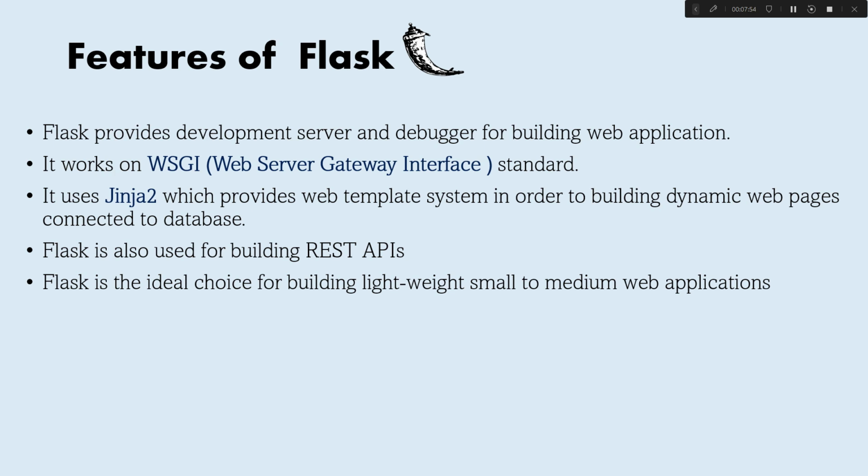So let's say you want to showcase any small project or machine learning web application with certain inputs. You can build a small end-to-end application in Flask and showcase it to your clients. That is the big advantage of using Flask.